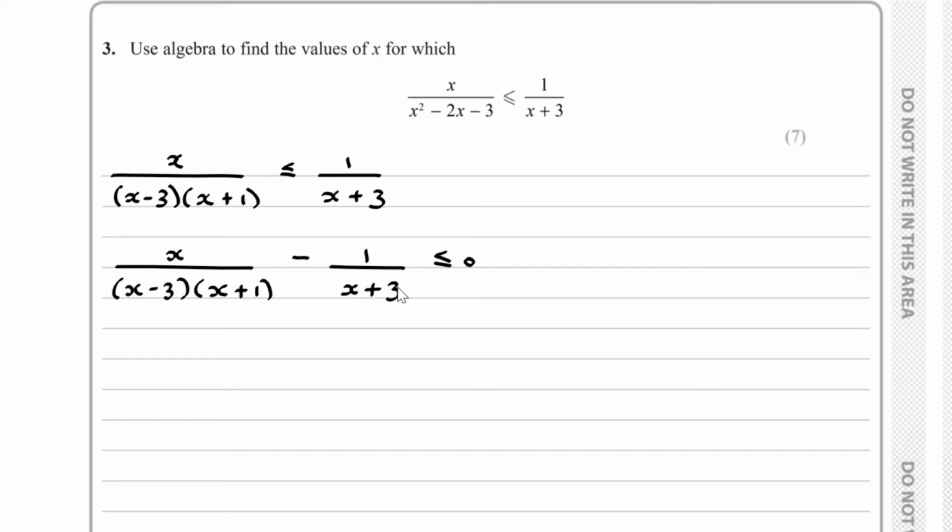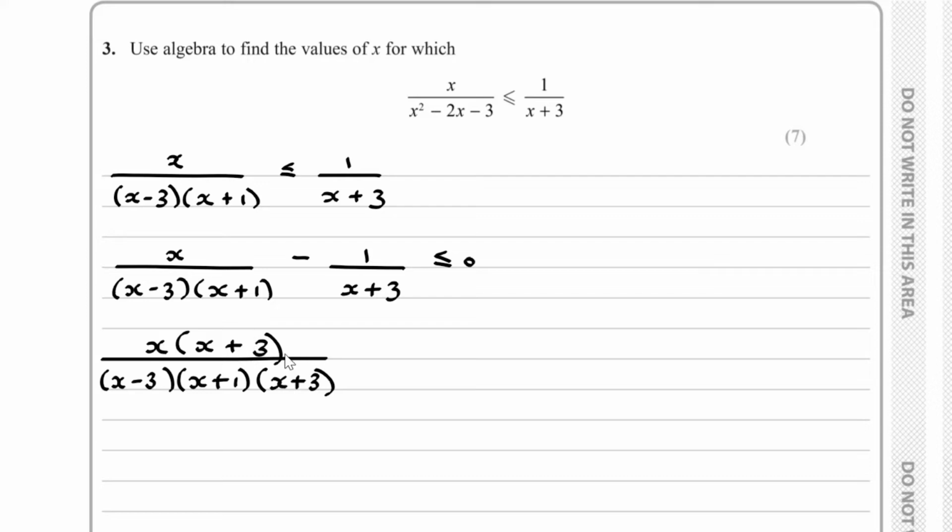And if we write these fractions over a common denominator, the common denominator would be x minus 3 lots of x plus 1 lots of x plus 3. Here, this term is the same as x lots of x plus 3 over x minus 3 lots of x plus 1 lots of x plus 3.